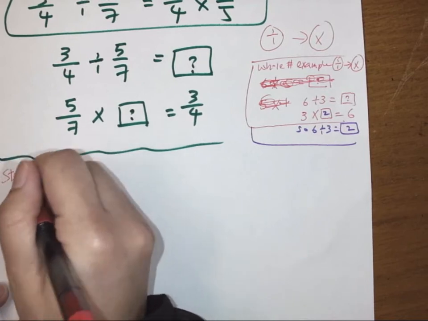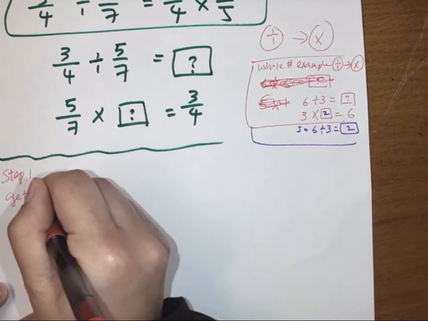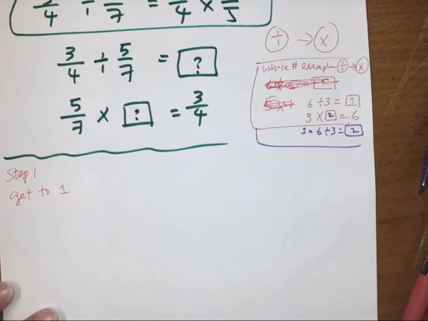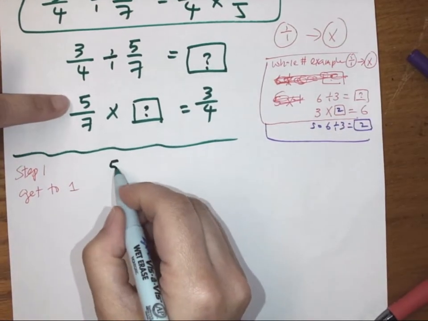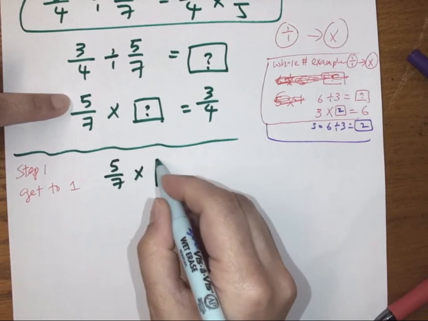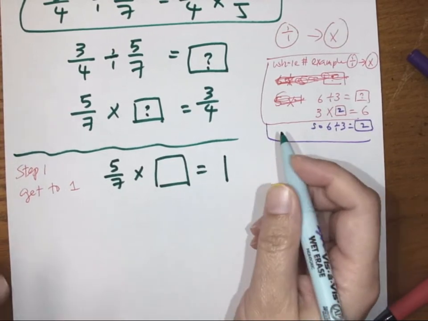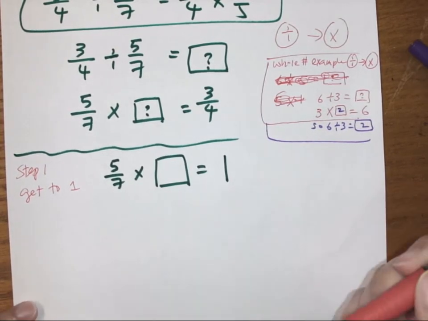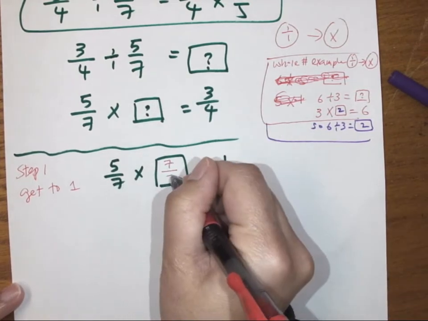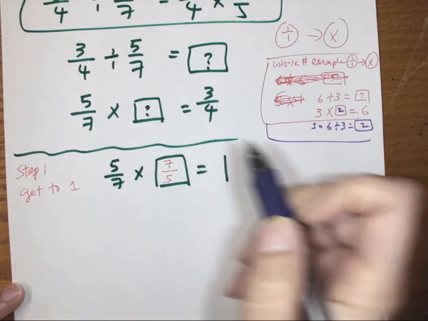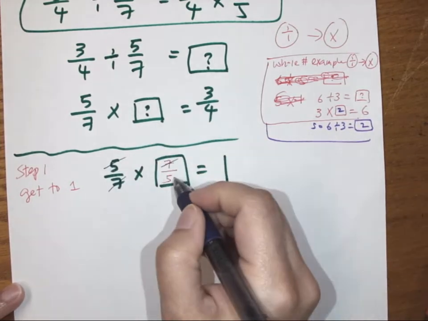Step 1, we want to get this to 1. So we start with 5/7 times something equal to 1. What would we multiply by to get to 1? Hopefully you know it's the reciprocal, 7 on top, 5 at the bottom, because if we reduce it, it will be 1.